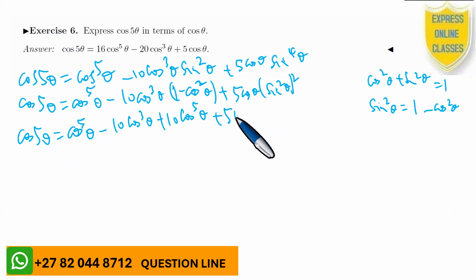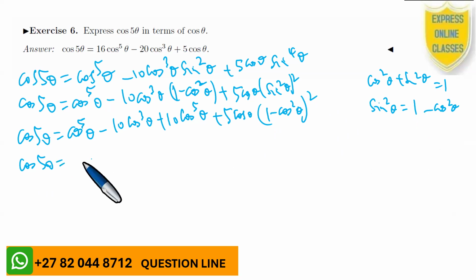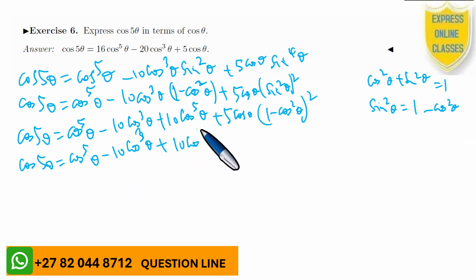Right, 5 cosine theta. The sine squared is 1 minus cosine squared. And then you have a square there, which means this is the same as cosine to the power 5 of theta minus 10 cosine cubed of theta.